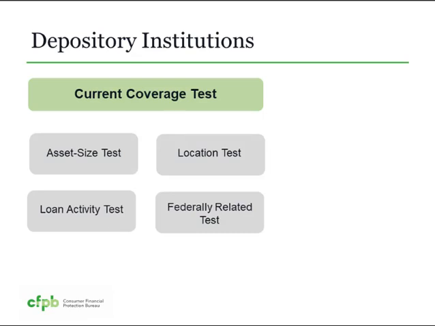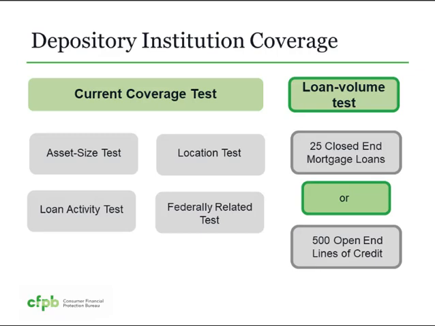Next, let's look at the coverage test for depository institutions. The change beginning in 2018 was whether the institution originated at least 25 closed-end mortgage loans in each of the 2 preceding calendar years, or at least 500 open-end lines of credit in each of the 2 preceding calendar years.